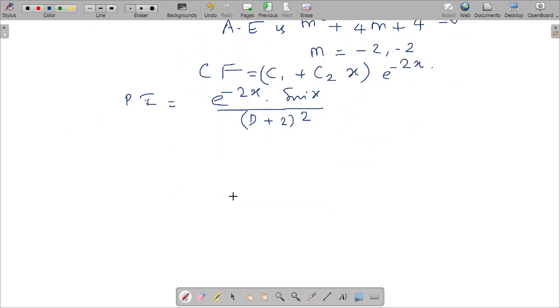Based on that exponential shift, we write e power minus 2x, shifting that exponential, then 1 by, substituting d tends to what do we need to substitute? Anyone?